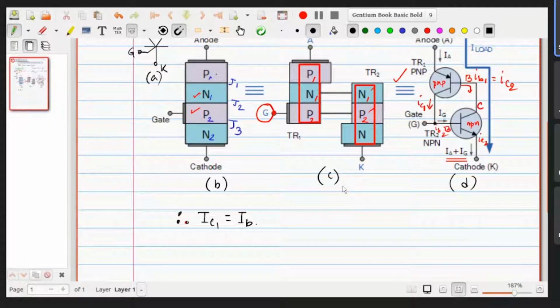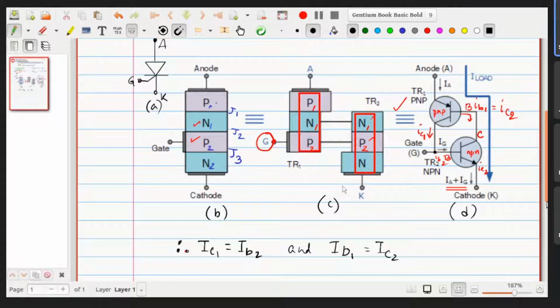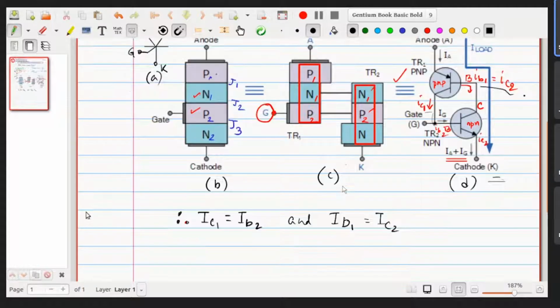I'm not going into those details now. IC1 equal to IB2 and IB1 is equal to IC2. So you observe that over here IB1 equal to IC2 and this IC1 is becoming the base current. So the total cathode current that we observe, that is IK, is equal to IA, the anode current, plus the gate current that we apply, that is IG.